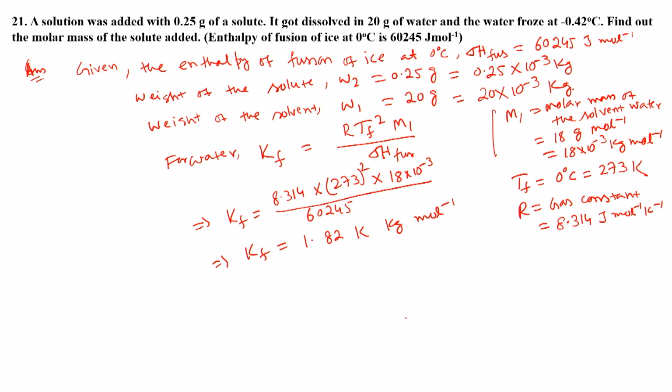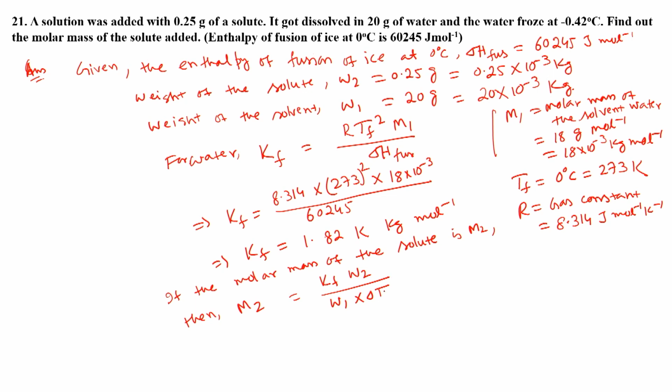Okay, so we know if the molar mass of the solute is M2 gram per mole, then M2 is Kf times W2 by W1 times delta Tf.